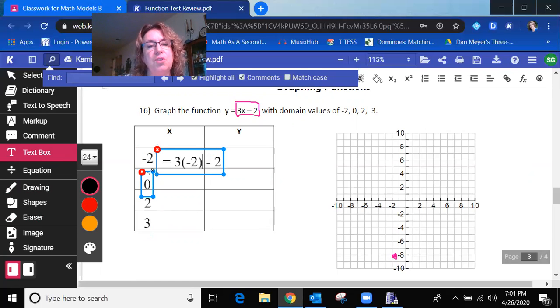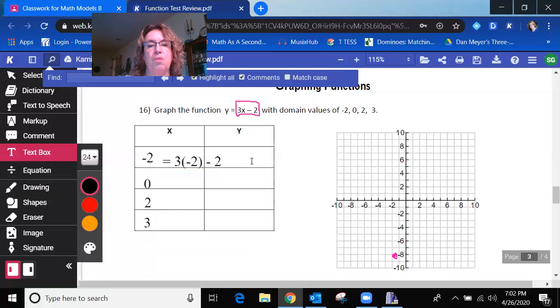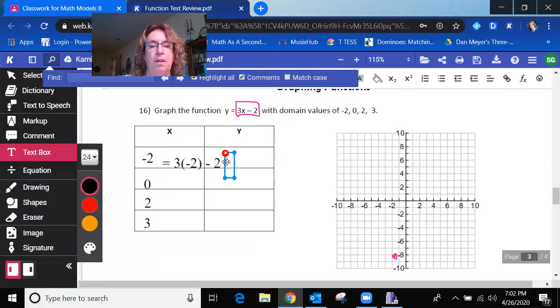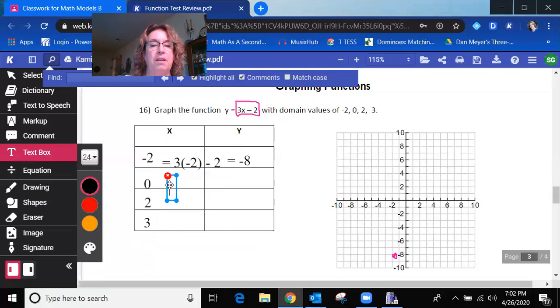When I put the -2 in, I've got to put parentheses so it means multiply, because 3x means 3 times x. So 3 times -2 is -6. -6 minus 2. Now what's my y? -8. If you need help, this is what you'd put into your calculator to figure out the -8 if you're not doing it in your brain.